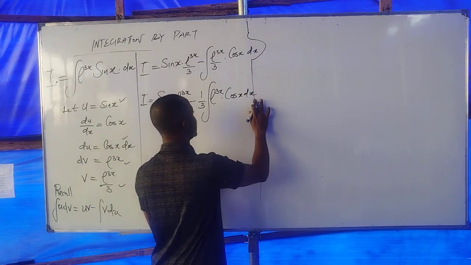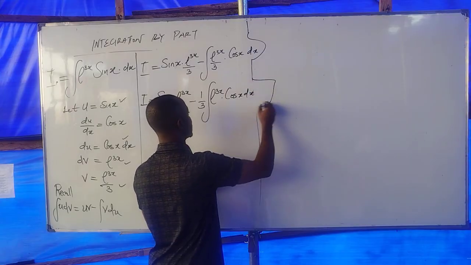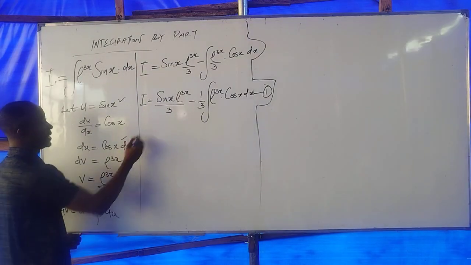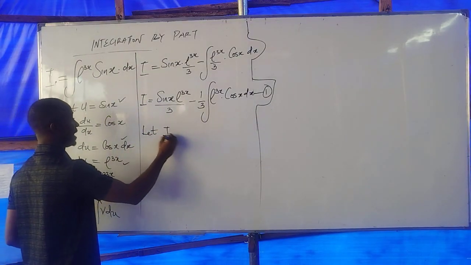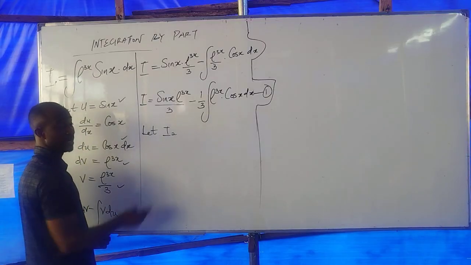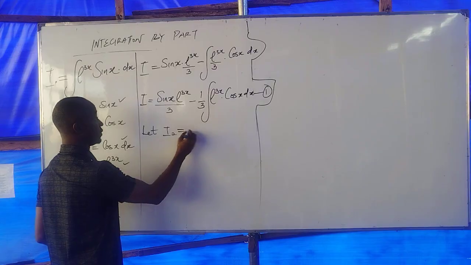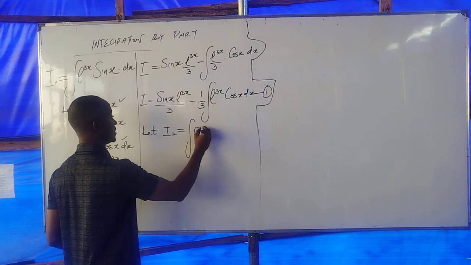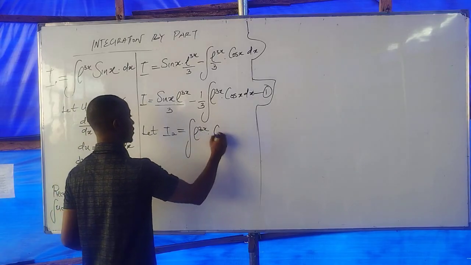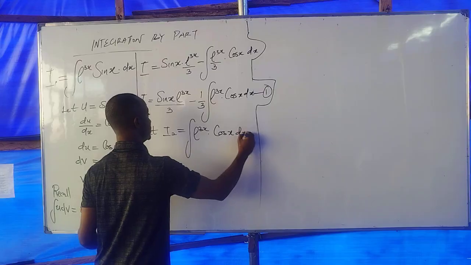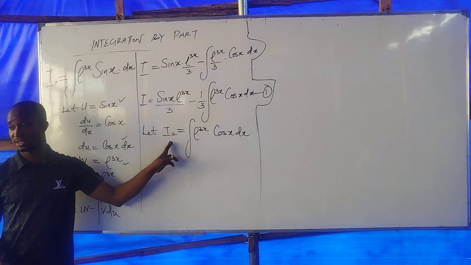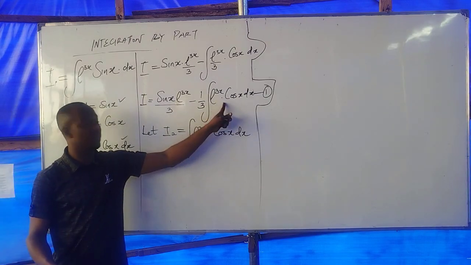So let me call this equation 1, for instance. Okay, so we say let I2 be equal to the integral of exponential 3x cos x dx. Are you following now? Hope you know why I'm going through this process, because I cannot evaluate this directly.